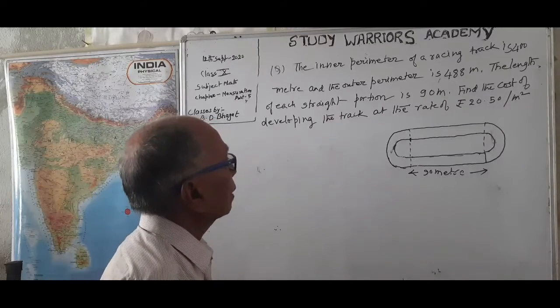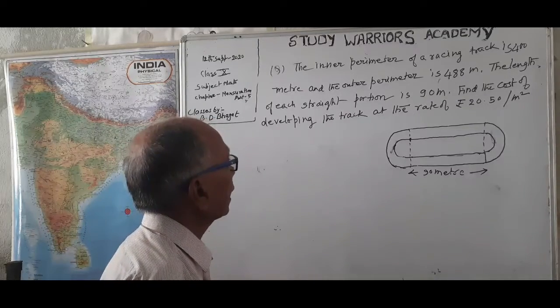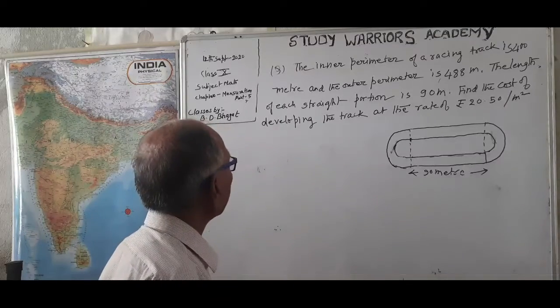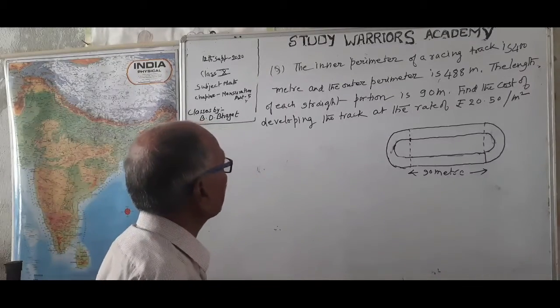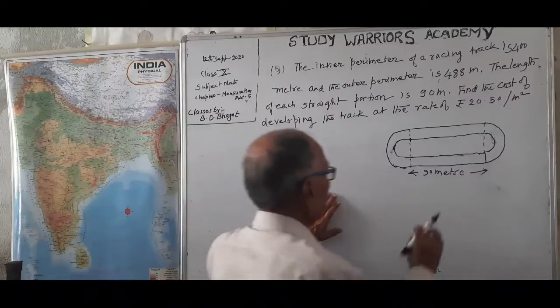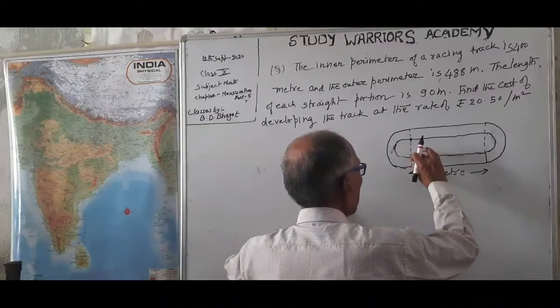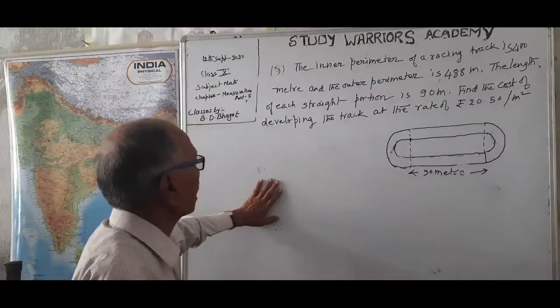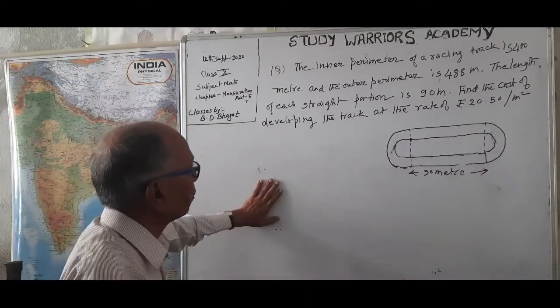Inner perimeter 400 meter and outer perimeter 488 meter, and length of each straight portion. You see, there are two straight portions. This portion and this portion are covered with straight line. So this is called straight portion.